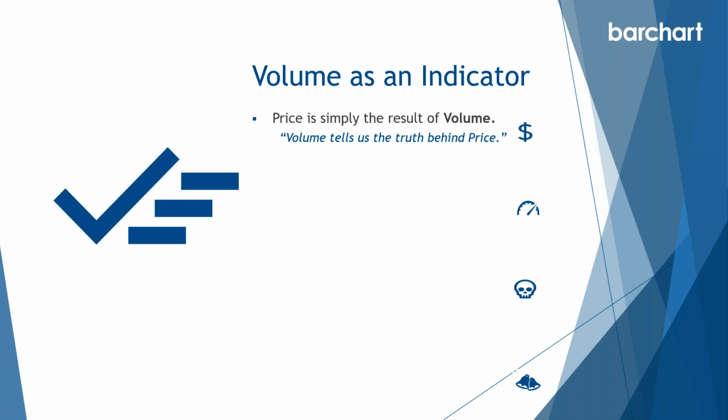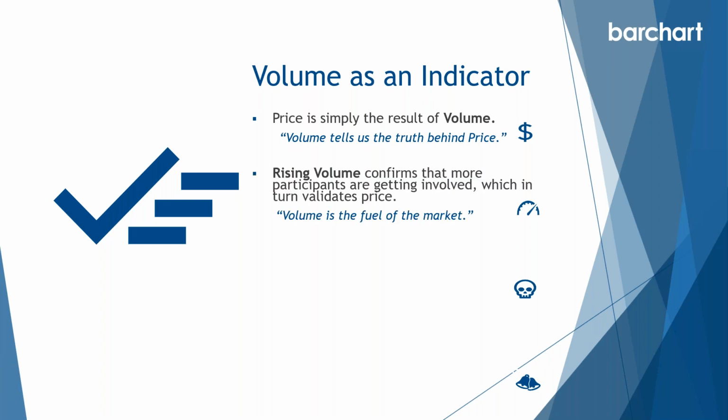Again, how do we create price? Price is the interaction between buyers and sellers. And the more volume, that is the truth. It tells us something behind price. So rising volume can confirm that more participants are getting involved, which in turn validates price. Volume is really the fuel of the market.